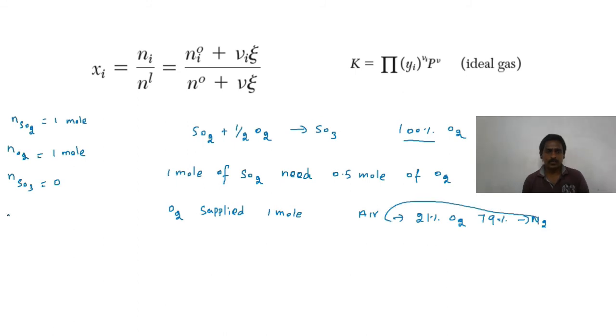The number of moles of inert, that is nitrogen: every 21 moles of oxygen contain 79 moles of nitrogen. Therefore 79 divided by 21 multiplied by 1 mole of oxygen, which we are allowing at the inlet stream, will be 3.76 moles.